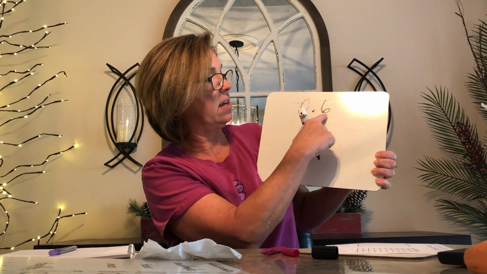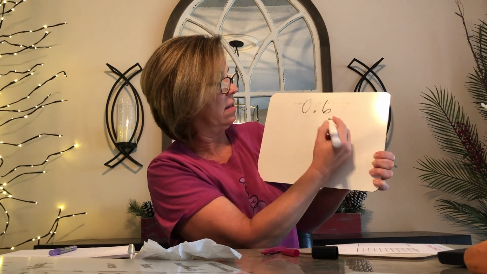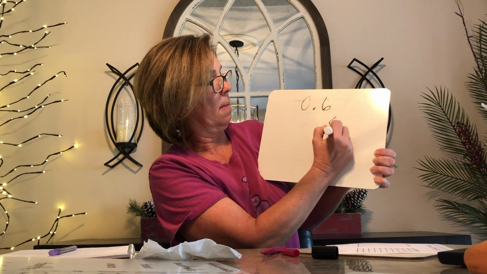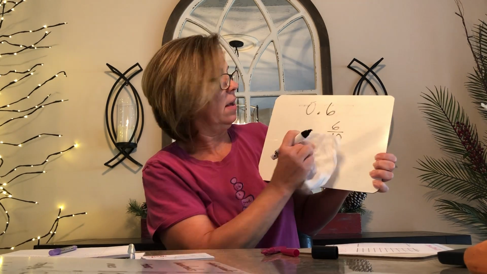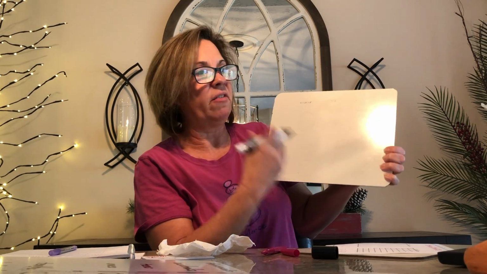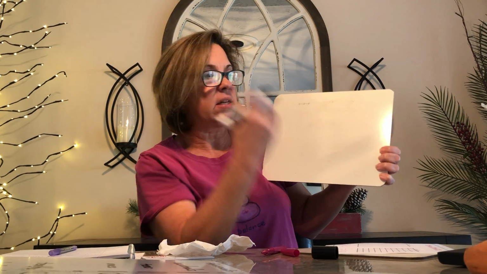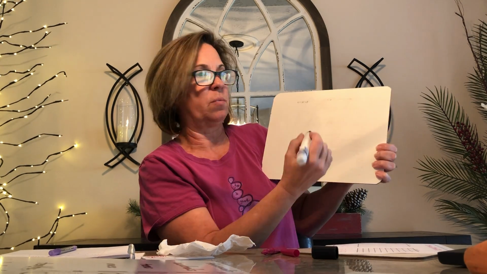If I know that's a 6 and it's in the tenths place, I say it to myself, 6/10, I would write as a fraction 6/10. The other thing is, I know on one of the slides they're going to ask you to write it in word form, and the best way for me to do it is if I'm reading it to myself and thinking what I'm saying to myself, that's what I write down.